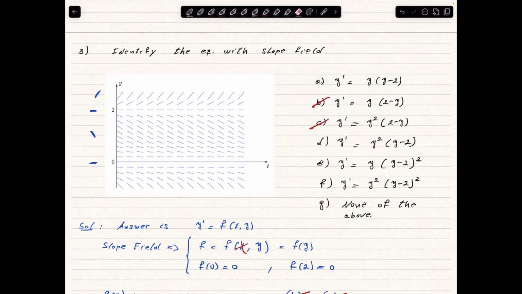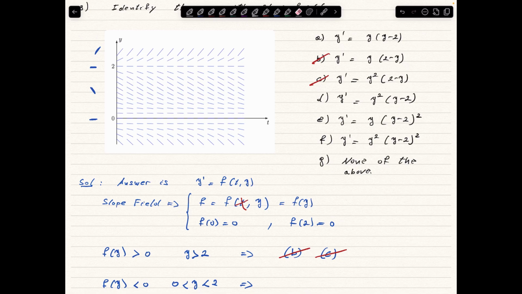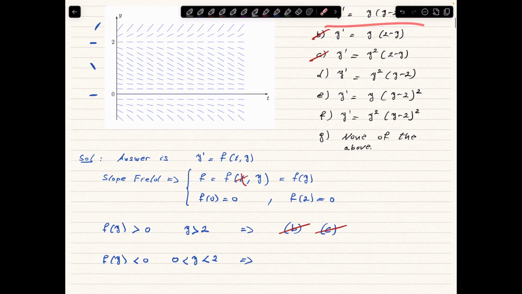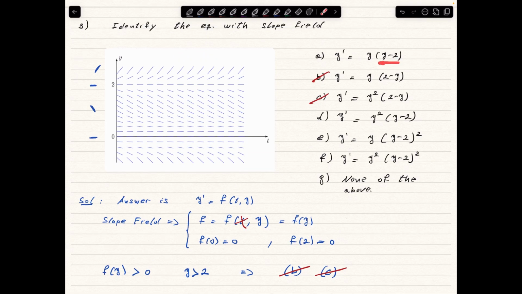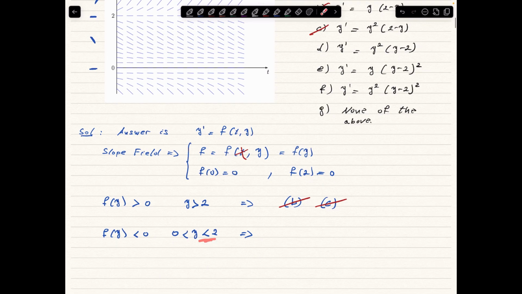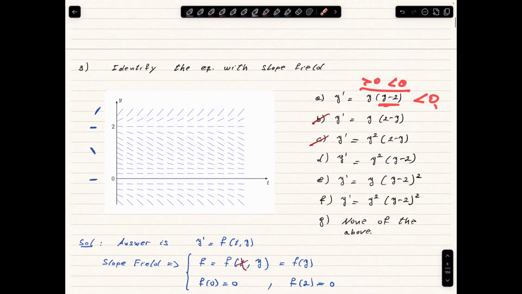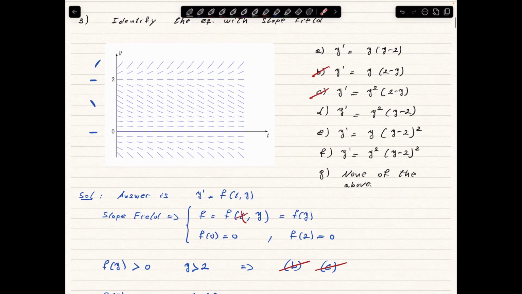So let's erase these two. What happens, for example, in the first option? We are less than 2, so this is negative. And bigger than 0, so this is positive. So A is negative. Okay, it satisfies that, so that's okay. We cannot discard that option.